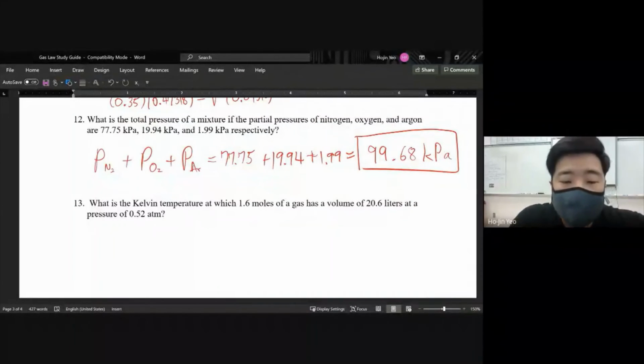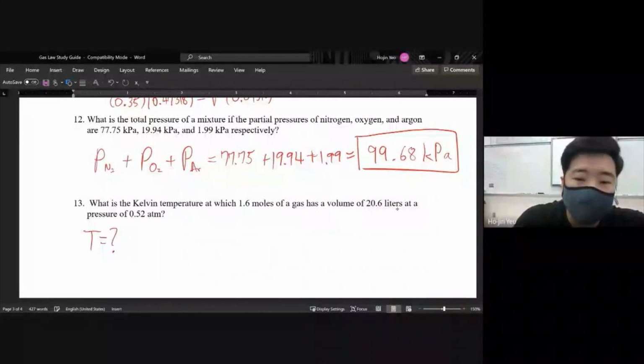Next, what is the Kelvin temperature at which 1.6 moles of gas has a volume of 20.6 liters at a pressure of 0.52 atm? So I'm just going to jot down everything. So temperature is what we're looking for. Number of moles is 1.6 mole.